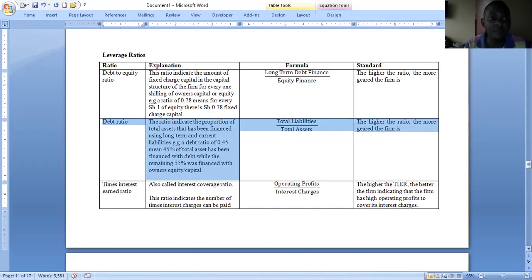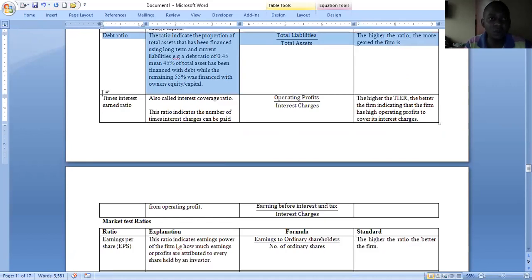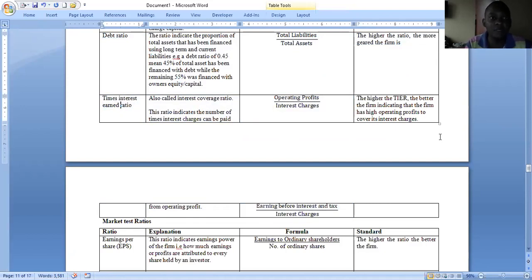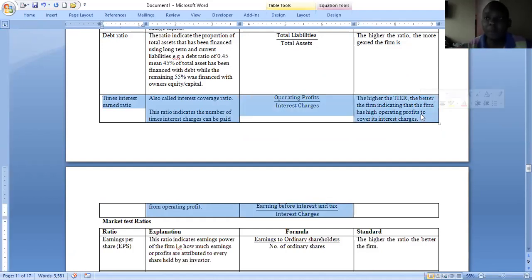Then we have the times interest earned ratio, also known as the interest coverage ratio. The interest coverage ratio indicates the number of times that interest is covered by the operating profit of the business. The times interest earned ratio measures the coverage of the interest expense by the operating profit of the business.